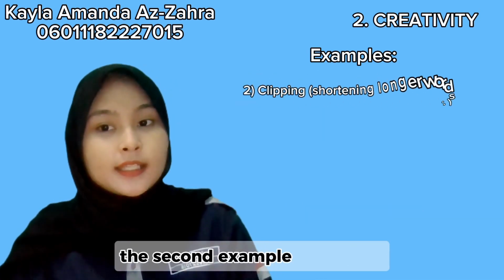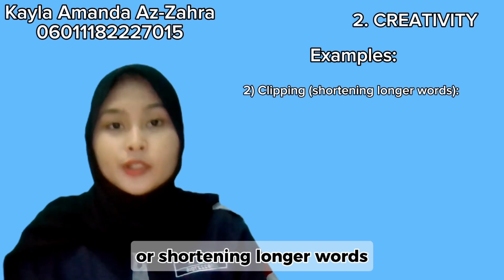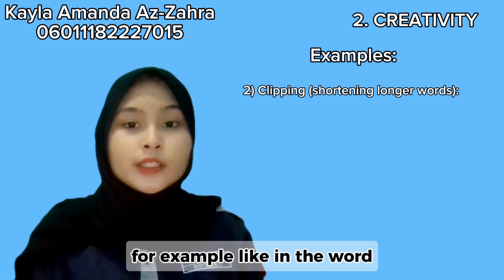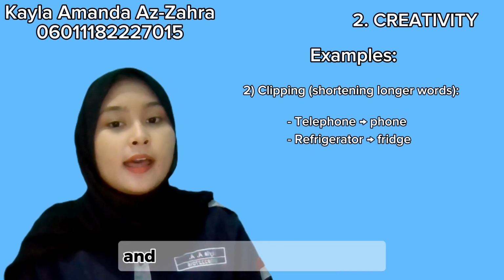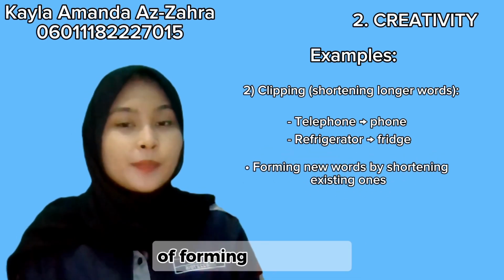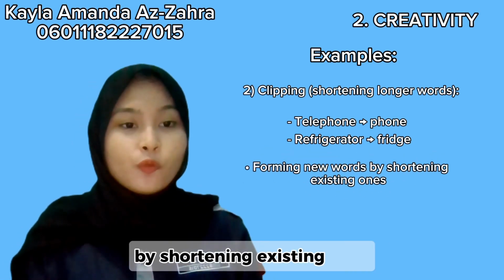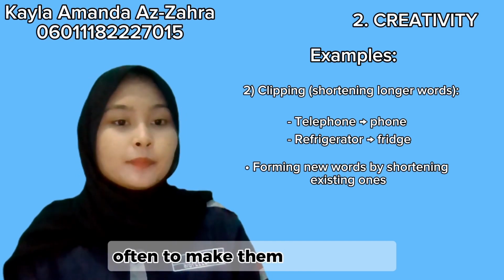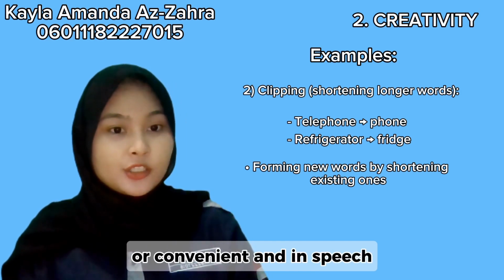The second example is clipping, or shortening longer words, like telephone to phone and refrigerator to fridge. Clipping is a creative way of forming new words by shortening existing ones, often to make them more casual or convenient in speech.